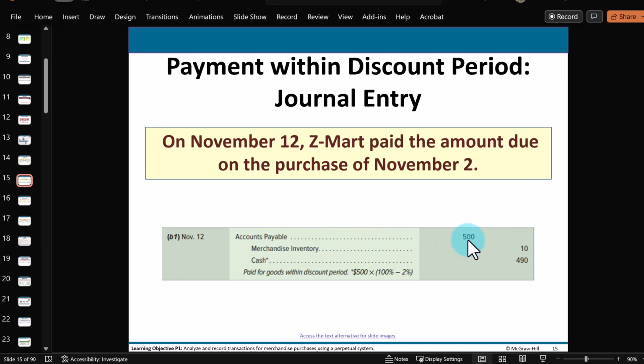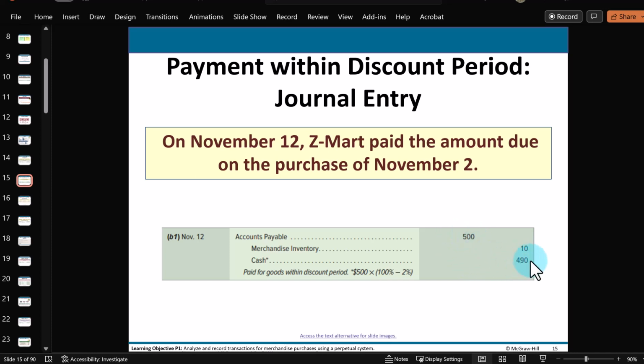But you're not spending $500 because you got a 2% discount. In other words, 98% of this amount, or here you can see the calculation, comes down to a payment of $490 cash credit.